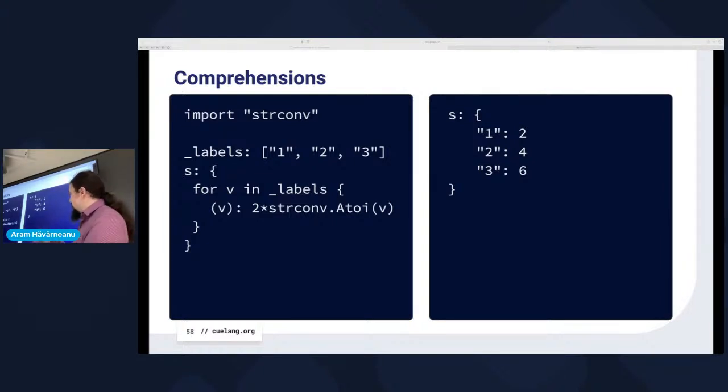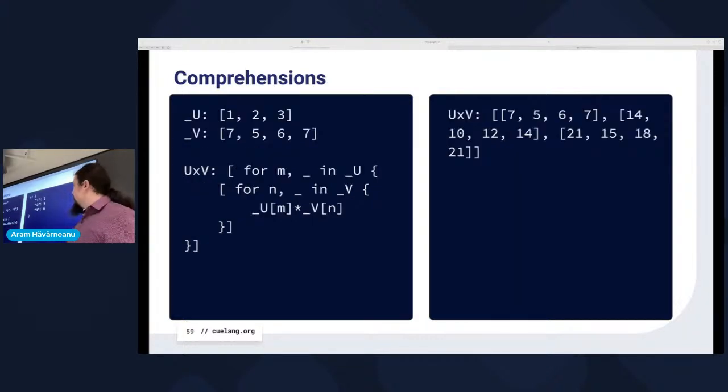So we have a list of labels, and we iterate through the labels, and we create a struct where the keys are actually the values that were in the labels. But the value of the key is that thing. So we convert the string representation to an integer, and then we just multiply it by 2 because why not? So we can create new shapes out of old shapes, and that is incredibly useful.